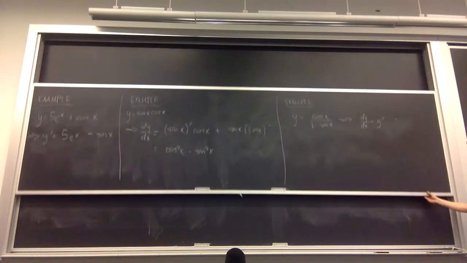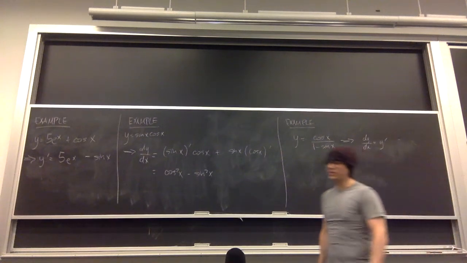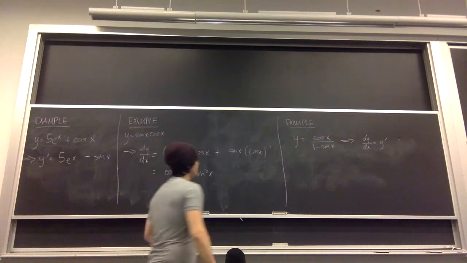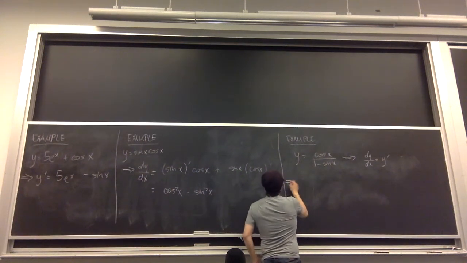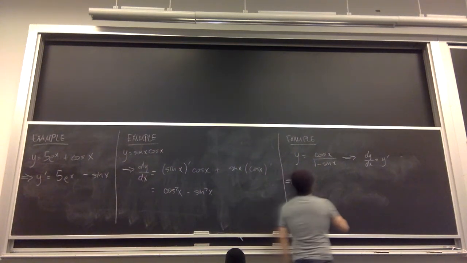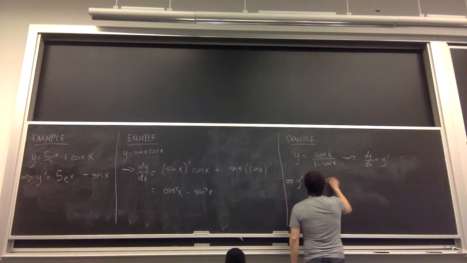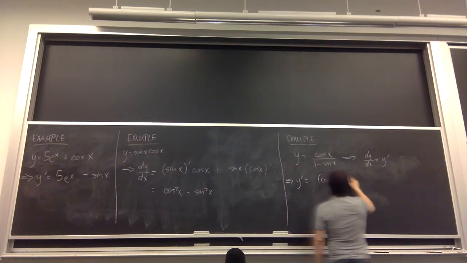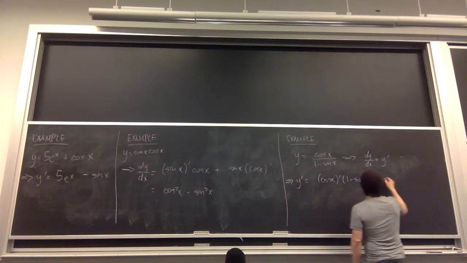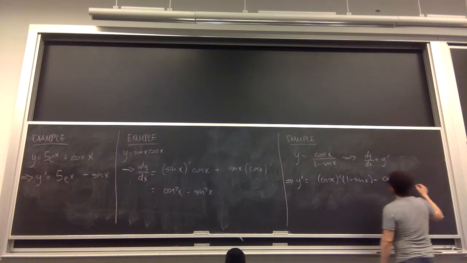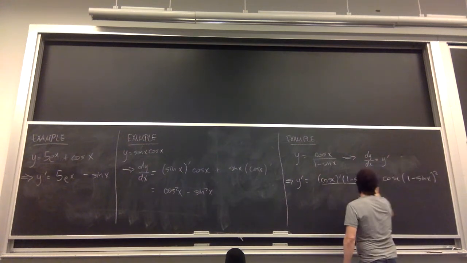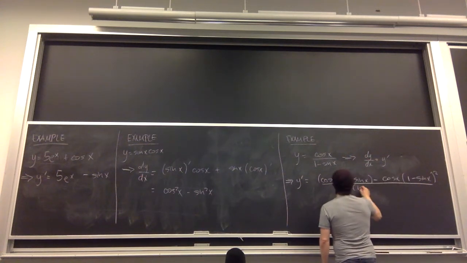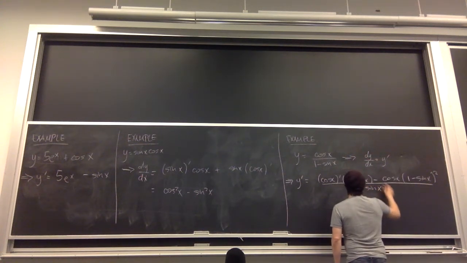Okie dokie. So this should just be a pretty standard application of the quotient rule. So I'll just walk through it. We have that y prime is the derivative of the top, cos of x prime, times the bottom, minus the top times the derivative of the bottom, over the bottom squared, 1 minus sine of x squared.